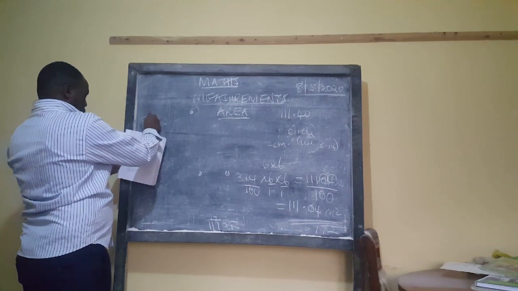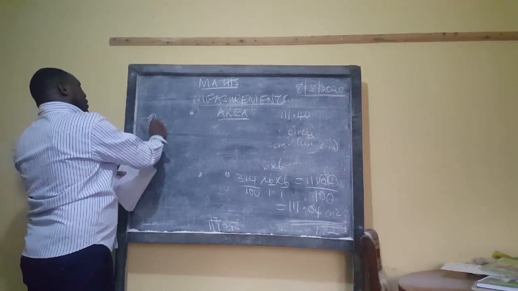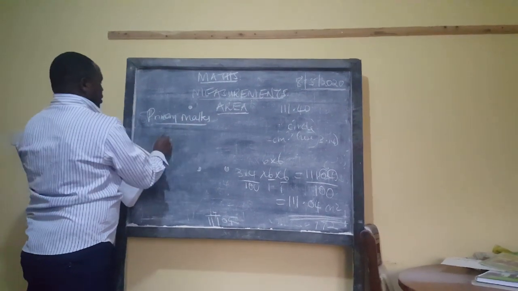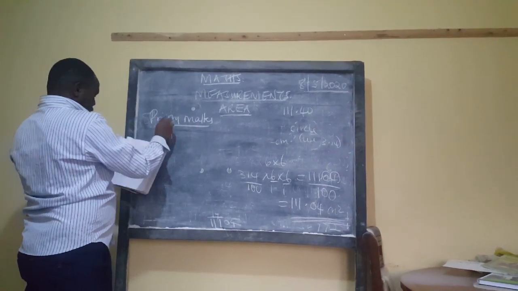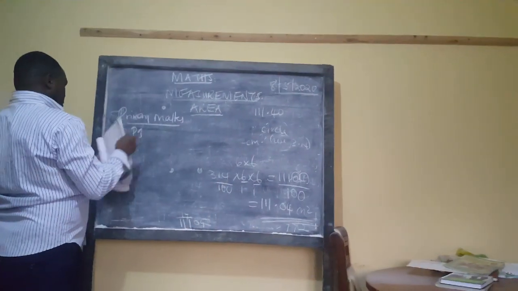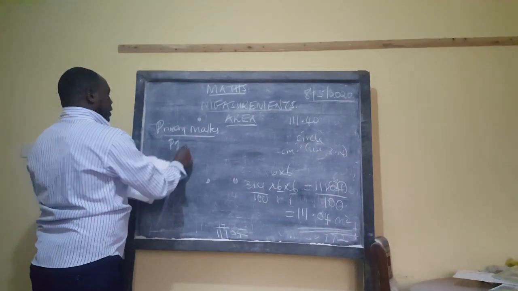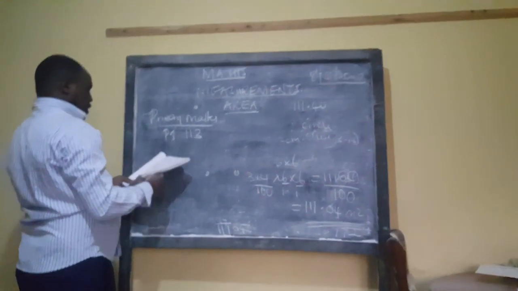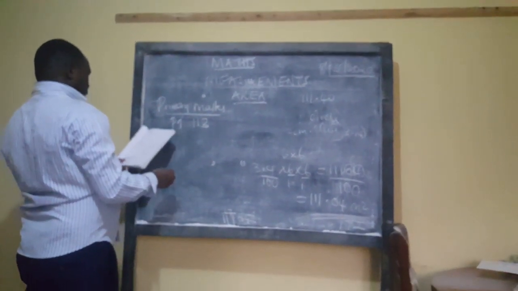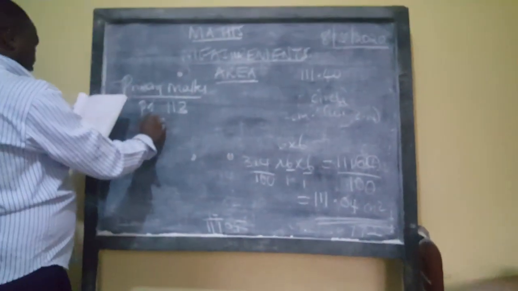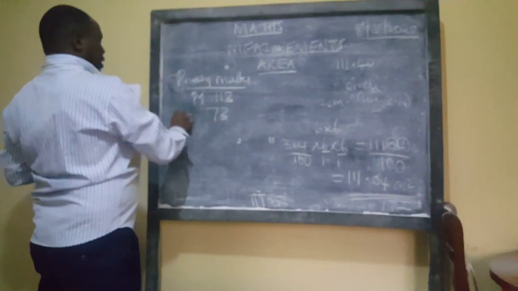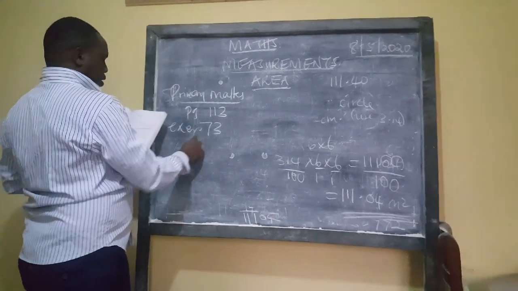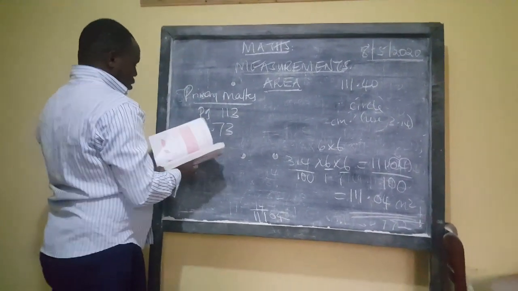On page 113 of primary maths, page 113, exercise 73, question number 1 to 3.